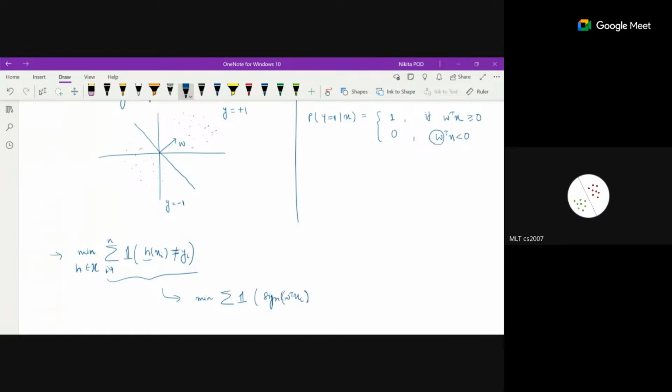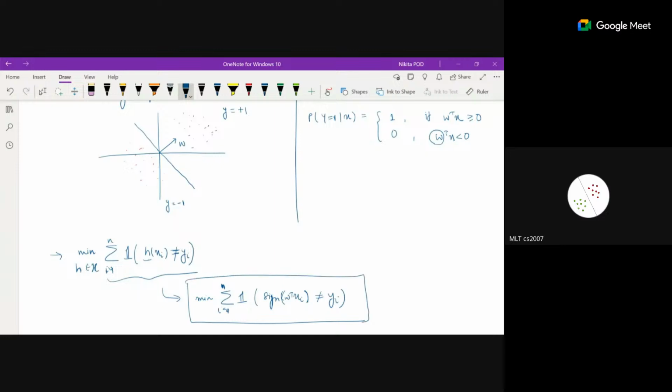Otherwise, sign of W transpose xi is not equal to yi, and i is varying from 1 to n.